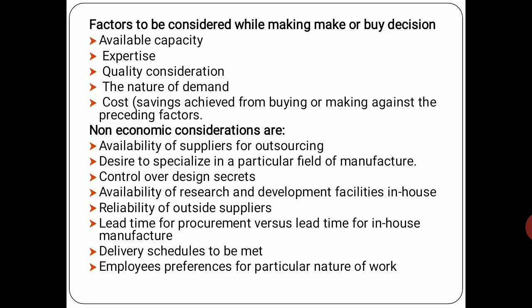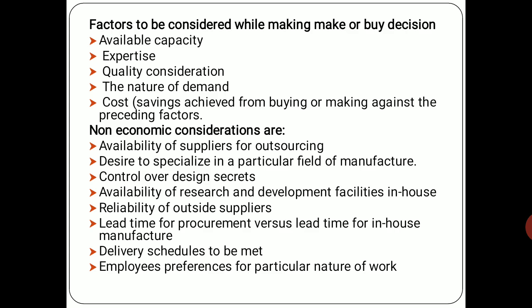Next, desire to specialize in a particular field of manufacture. See, many times manufacturers wish to have their own proficiency over some kind of production. They don't want interference, or they don't want anybody else to know the unique selling point, or maybe the specification that they want in the product. He does not want to share that. He wants to keep it confidential.